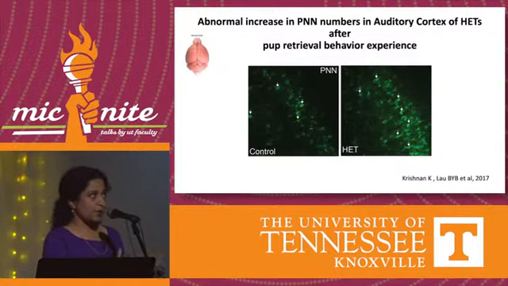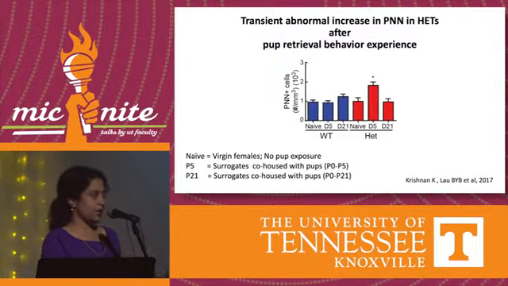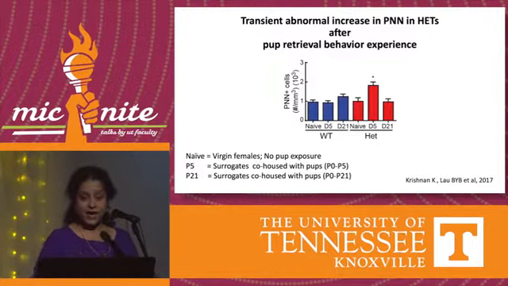When we counted across multiple brain sections, we noticed that the het nanny mice had more of these just after the experience with the pups, not too far after or before, suggesting that there was abnormal plasticity going on in the brains of these mice and not in the wild-type brains at all.